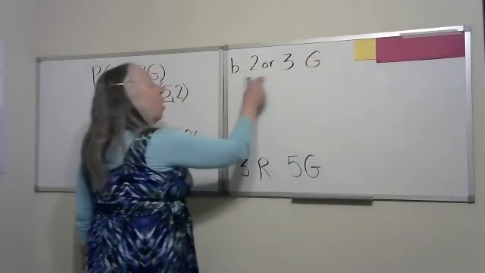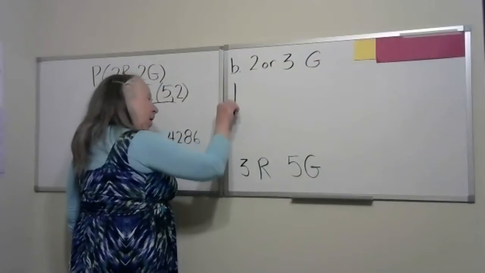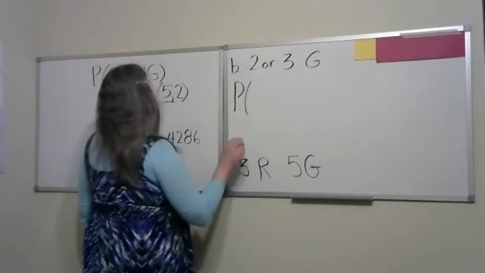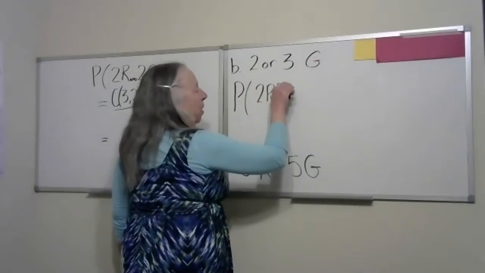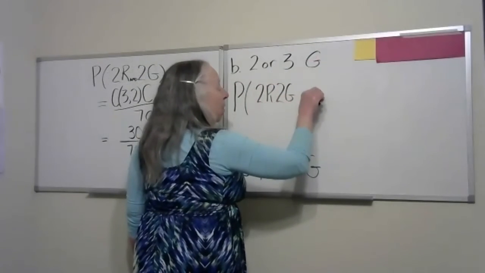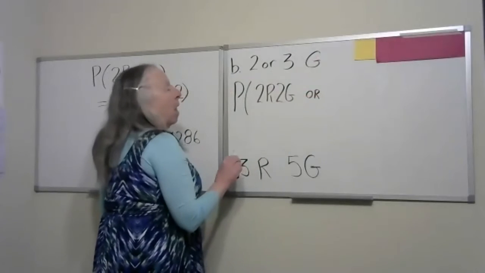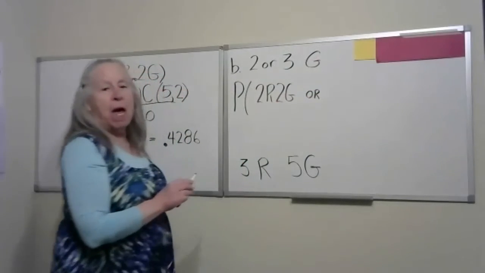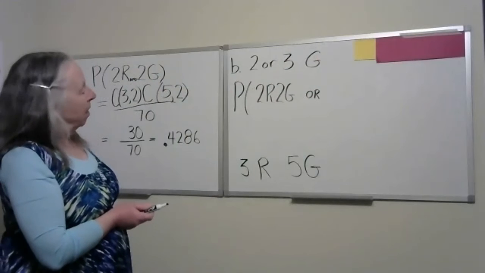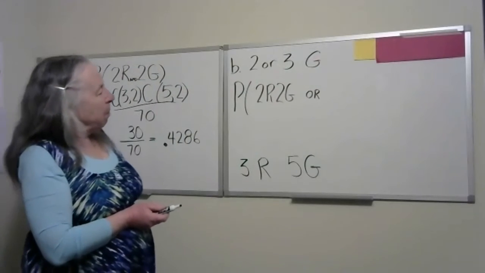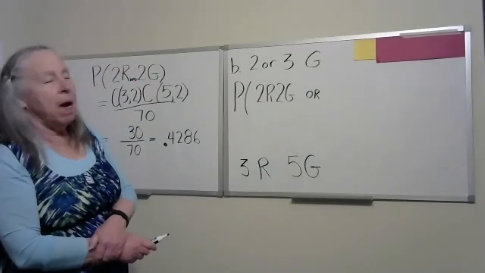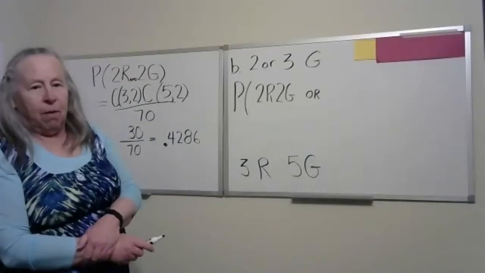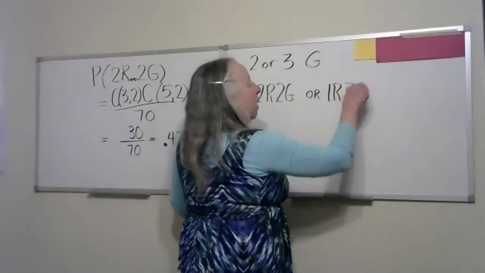So or means that we have the probability of 2 red, 2 green, or, well, if I have 3 green, how many red am I going to have, Delaney? If I have 3 green and I'm choosing 4, how many red do I have? Just one. So 1 red and 3 green.